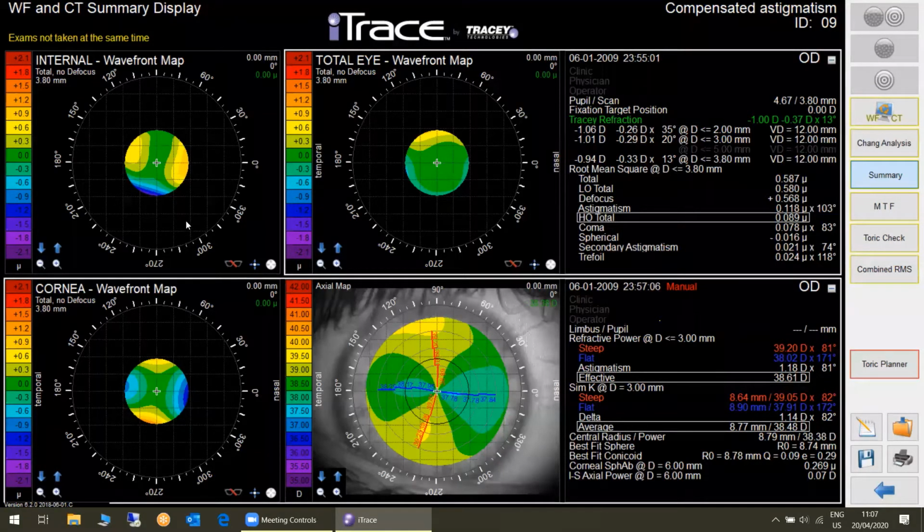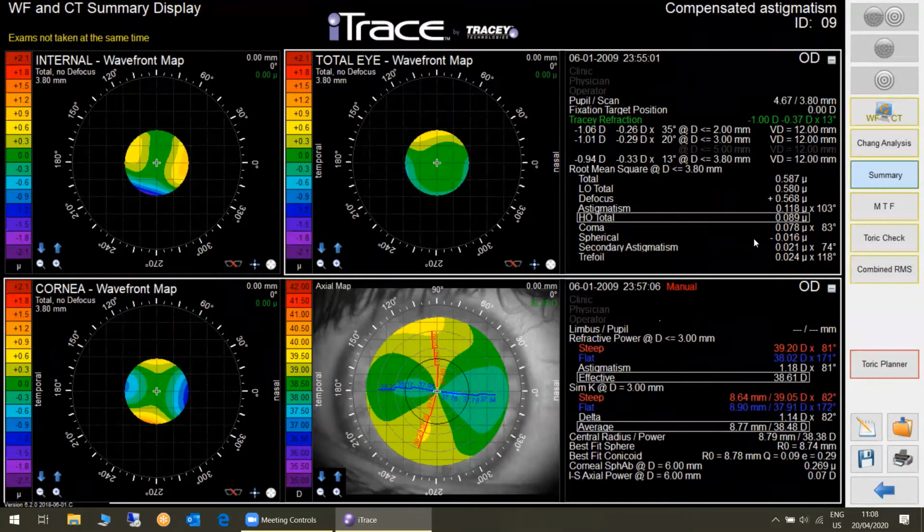And then I realized that the lens is working. The lens is performing something. And the only thing that the lens can do is accommodate. And there is one number on this screen that will tell you that this patient is accommodating. And it's this one. Negative spherical aberration.